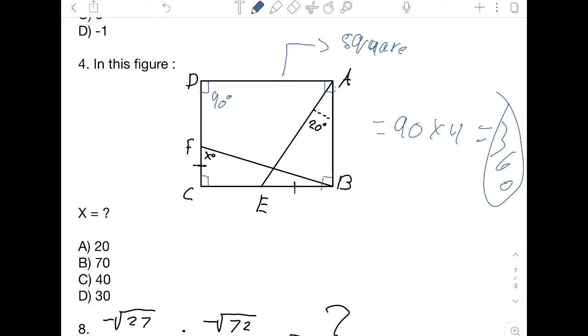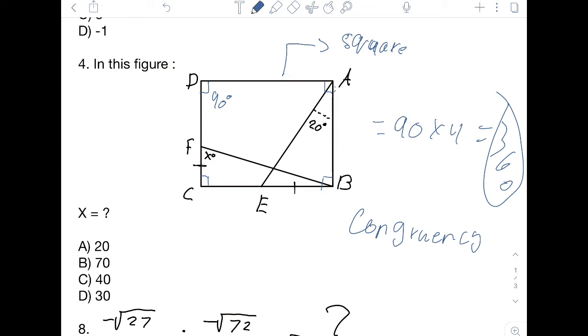And then we have that this is 20. And we have that these two sides are equal to each other. They're equal and they have the same angle. If you know a little bit about triangle congruency, you will know what to do from here.